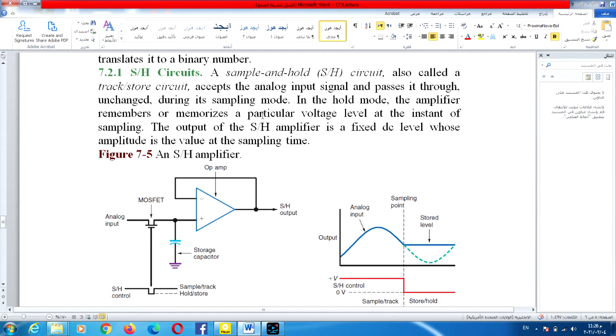This means it acts like a memory that keeps the voltage level from the sampling. The output of this SH amplifier is a fixed DC level whose amplitude is the value at the sampling time.